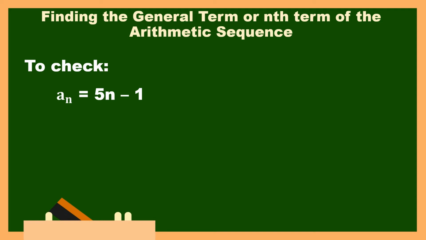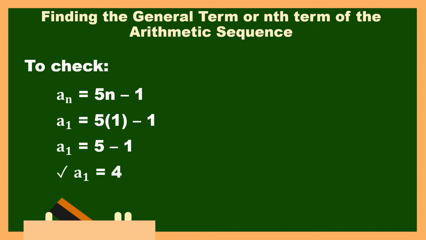Kaya siya magiging a sub 1 equals 5 times 1 minus 1. Then, multiply. 5 times 1 is equal to 5. Kaya siya naging a sub 1 equals 5 minus 1. Then, subtract. 5 minus 1 is equal to 4. Kaya ang ating first term ay equal to 4.